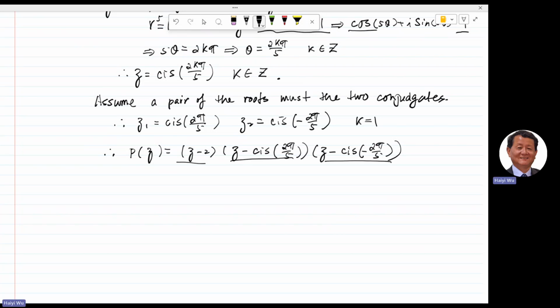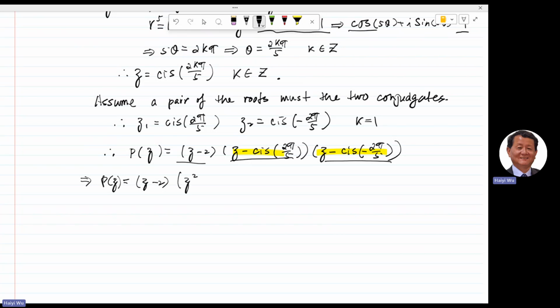And that's not our answer because the answer has to be in expanded form. If you look at the question, it says you need an expanded form. So let's expand that. So Z minus 2, we're going to expand the second and third brackets first.